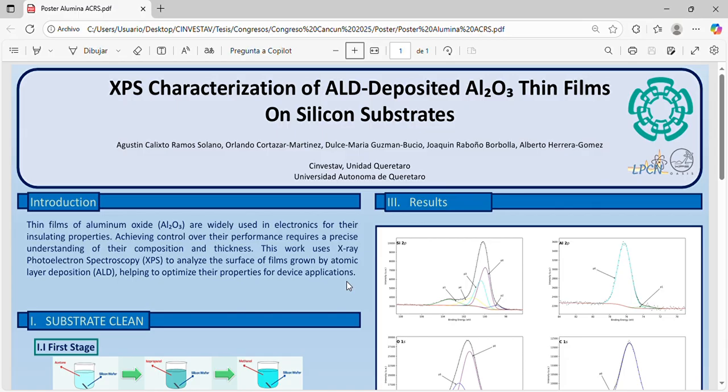This work employs X-ray photoelectron spectroscopy to analyze films grown by atomic layer deposition on silicon wafers. By applying the multilayer model, we estimate both composition and thickness, which helps us to optimize their properties for device application.